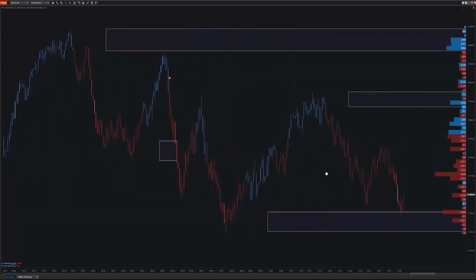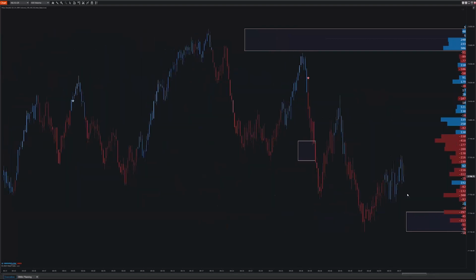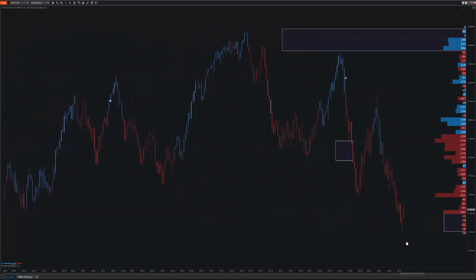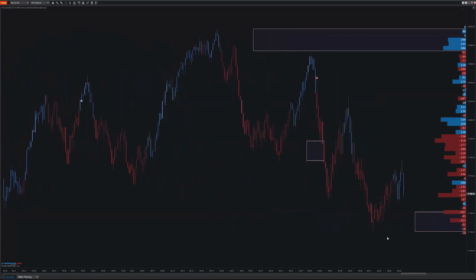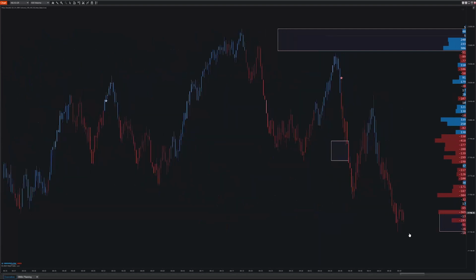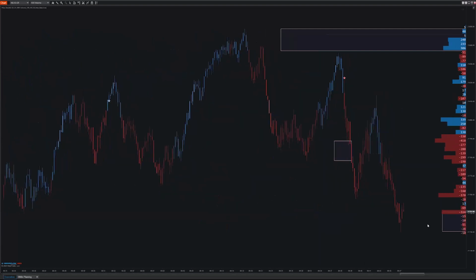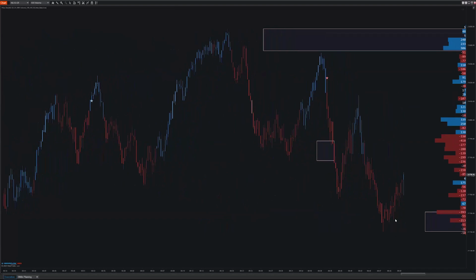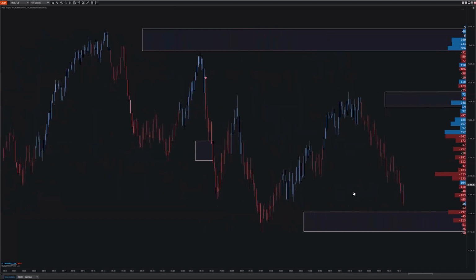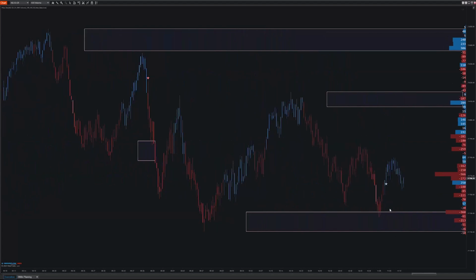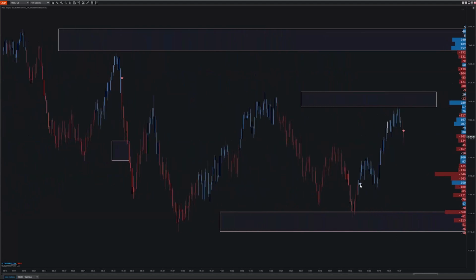As we progress further, if I can draw your attention to this activity here, we have lots of negative delta that comes into this spot and gets reversed pretty hard. Then we get a retest of that same zone later, and we get another delta flip. So that's one of our other tools.